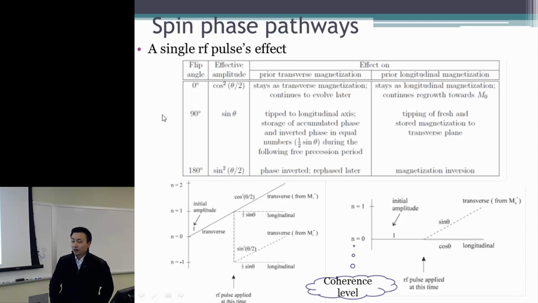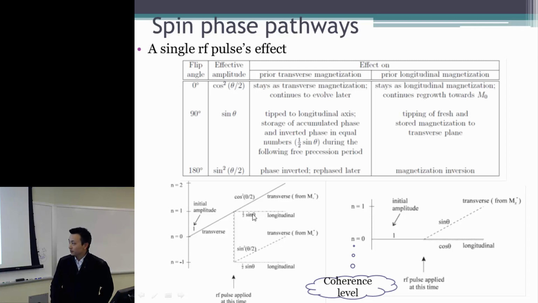The equivalent effect is that the first group is not being affected. If this spin is already on the transverse plane and is not affected, this group of spins will still precess as if nothing has happened, right? So here are the spin phase pathways.